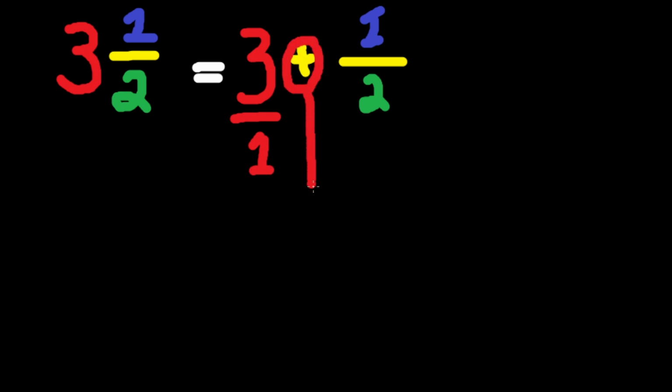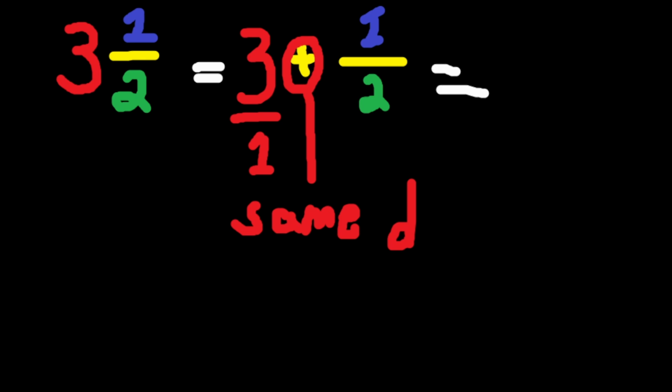Now to add the two fractions, we need the same denominator. And so we can multiply the denominator by 2 to turn it into the same denominator of 2. But if we do that to the bottom, we must do that to the top.